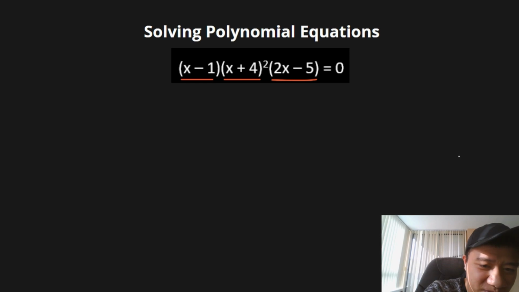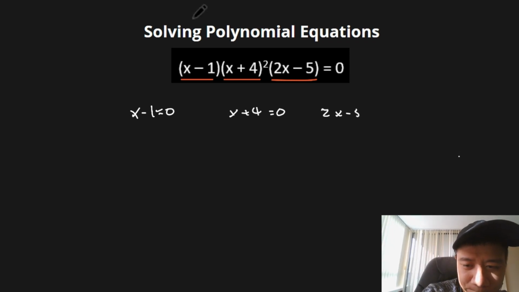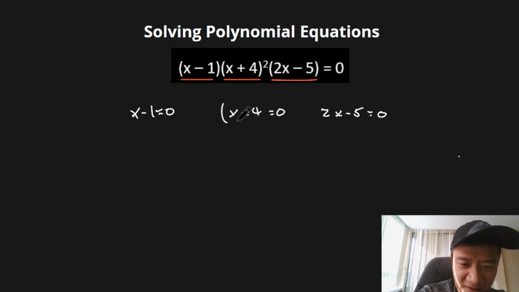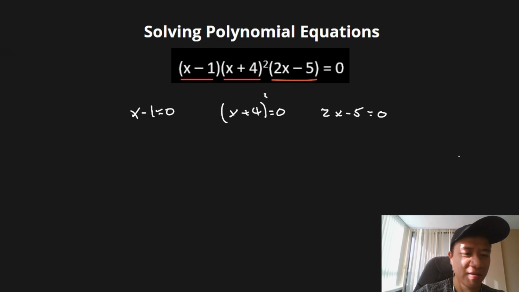So all we need to do is set x minus 1 equals 0, x plus 4 equals 0, or our third bracket, 2x minus 5 equals 0.